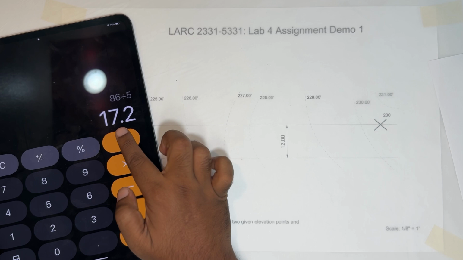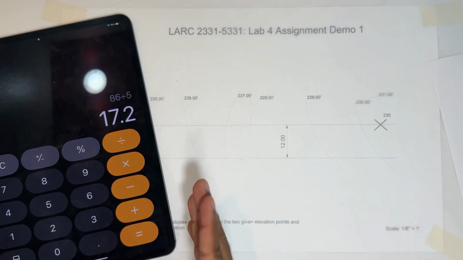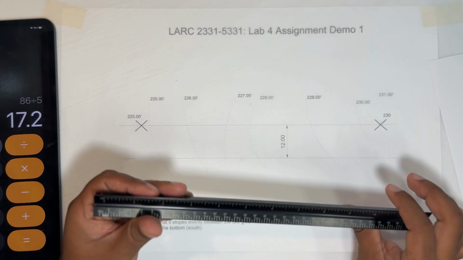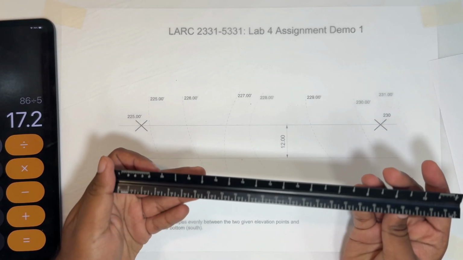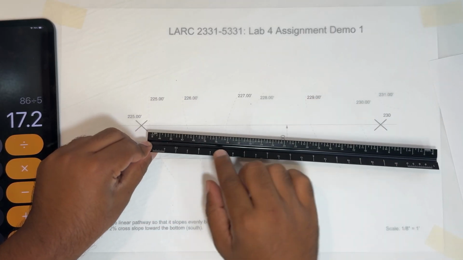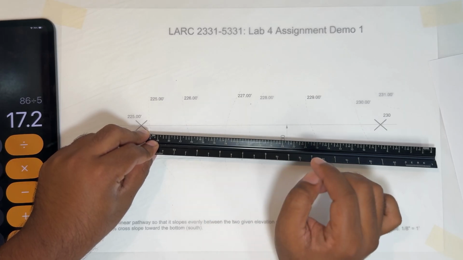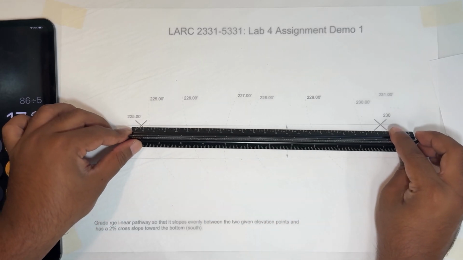So between each point, we would have a 17.2 feet horizontal difference. So let's put it with our scale. Again, this was 1/8 scale. So this would be the right scale here. Here's 16, here's 17, and then a little more, 17.2. So let's start putting those points right here.